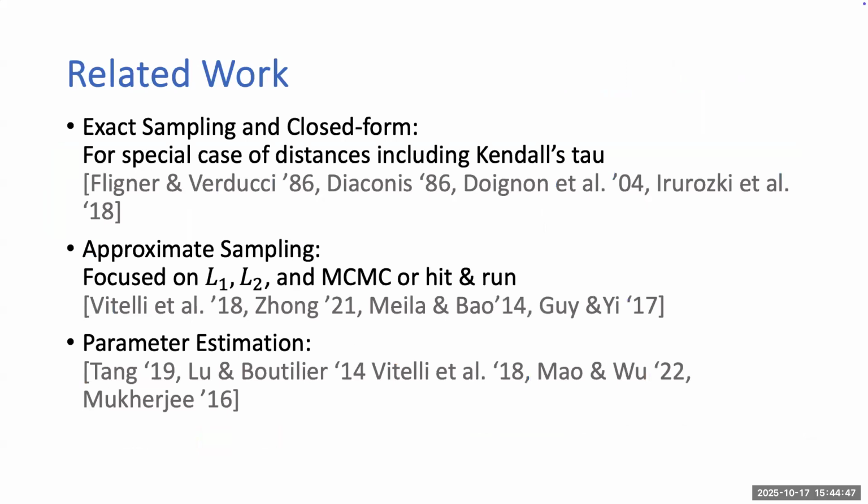There is a lot of work on exact sampling, which has a closed form for special distances like the number of swaps. But for L1 and L2, when alpha is 1 and 2, we have approximate sampling based on MCMC and hit and run algorithms. And again, for alpha 1 and 2, we have a lot of results, especially more recently in the ML community, on using MLE, for example, for approximating the dispersion parameter and the central rank.